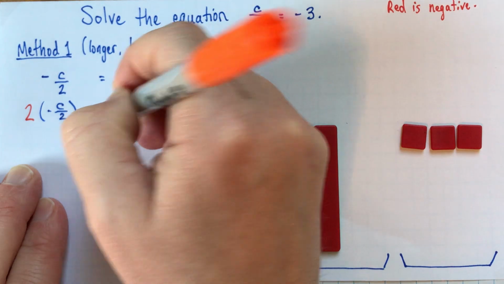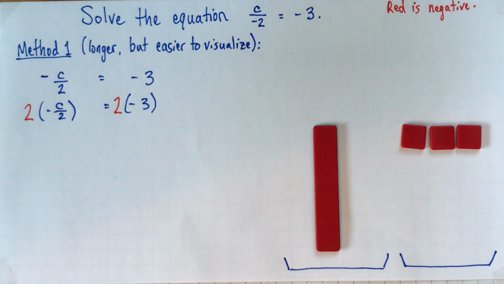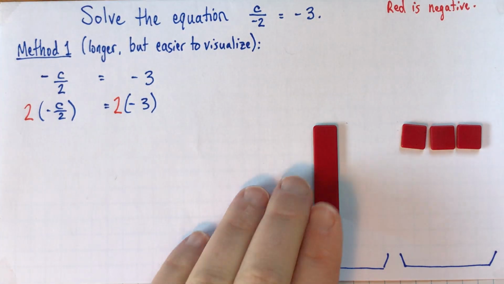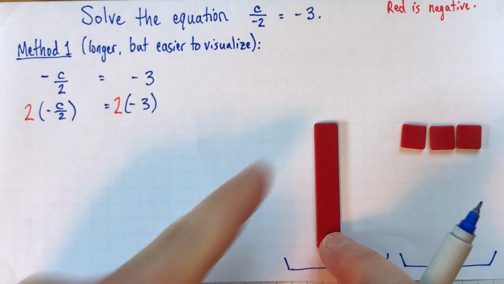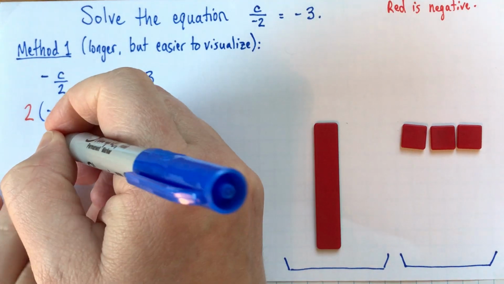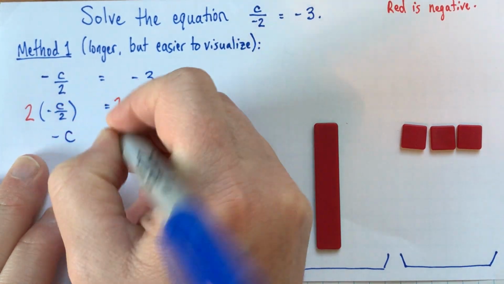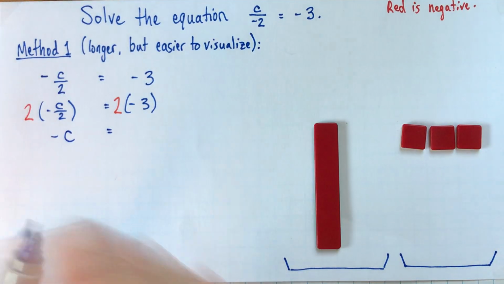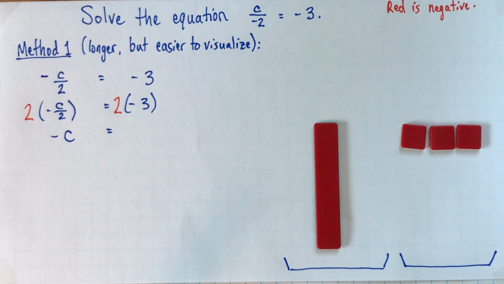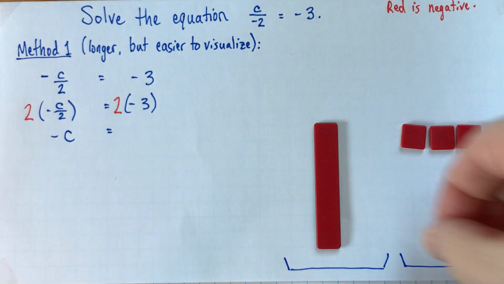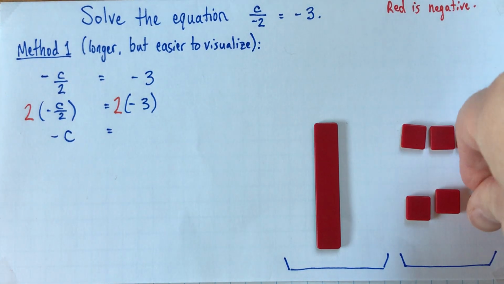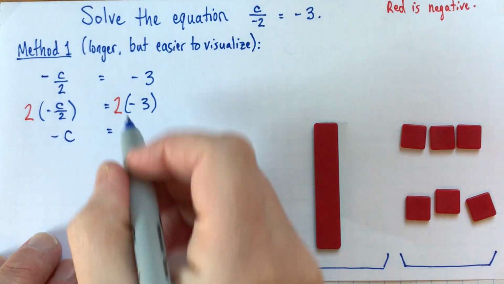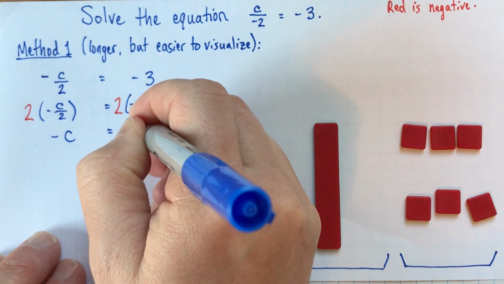That means I'll also multiply that side by 2. Okay, so what that gives me, half of -c times 2 is a whole of -c. And over here, if I double this side, I just get another 3 negatives. Okay? So this 2 times -3 is -6.